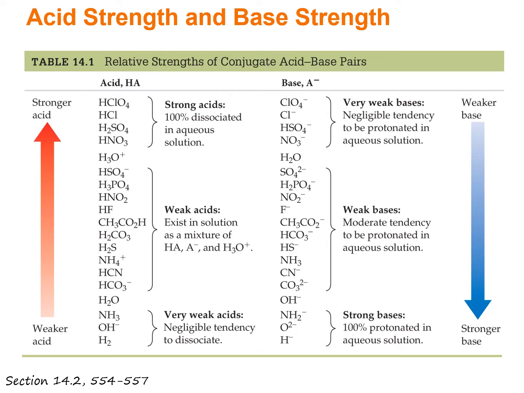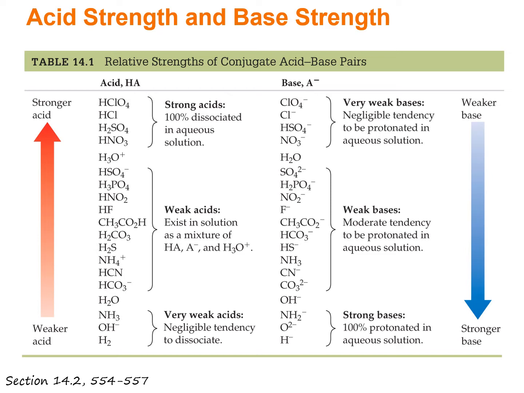If we look at just this chart of acid strength and base strength, you'll see that the things that are strong acids have conjugate bases on the right-hand side in that other column. So hydrochloric has chloride on the right, and that strong acid yields a very weak base.